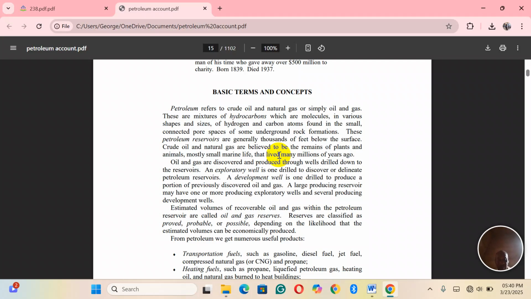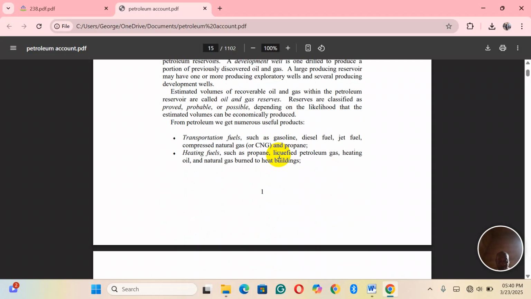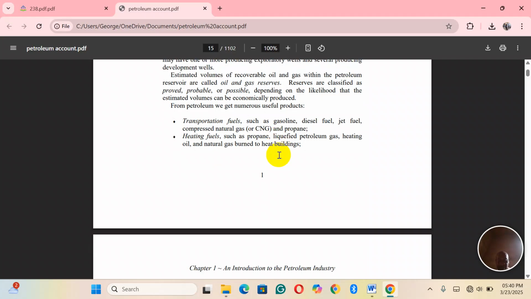From petroleum, we get numerous useful products. We have transportation fuel, such as gasoline, diesel fuel, jet fuel, compressed natural gas or CNG, and propane. Then heat fuel, such as propane, liquefied petroleum gas, heating oil, and natural gas burnt to heat buildings.